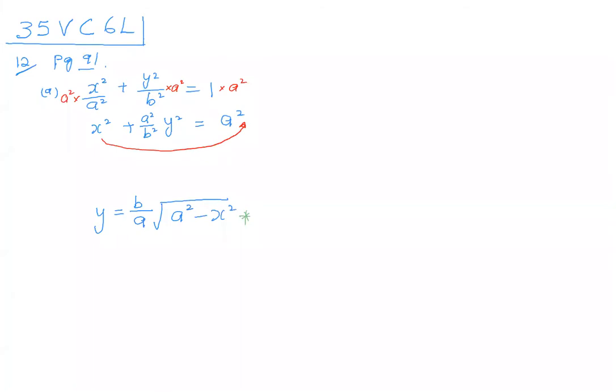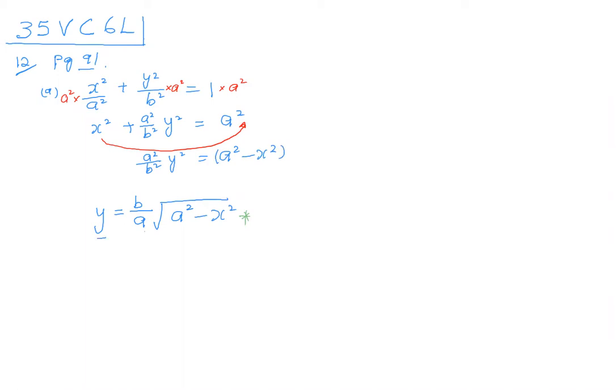Okay, so I will do it. A squared over b squared, y squared equal to a squared minus x squared. Okay, so this whole thing, now you look at here, there is no square here.